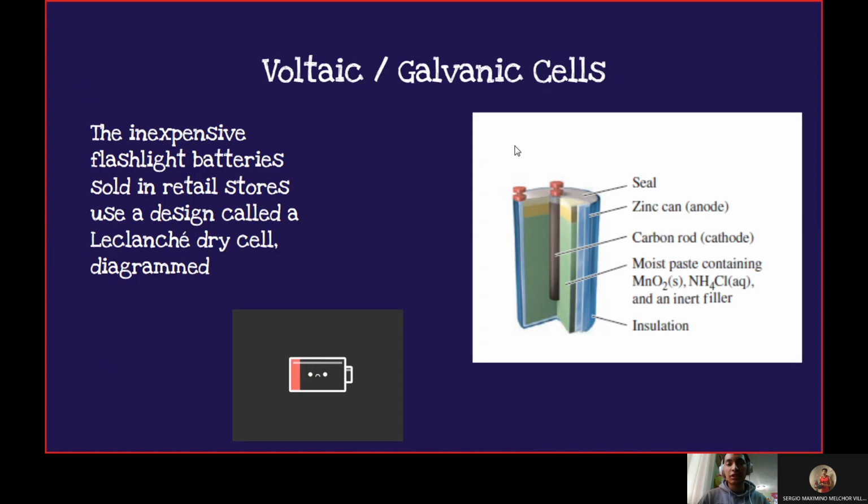Among voltaic cells, also called galvanic cells, I want to explain the common and inexpensive flashlight batteries, which are the most common ones. This one has a dry salt design with a carbon rod, the cathode, zinc, which could be zinc or alkaline, and insulation and a seal that keeps the toxic products from going outside the battery.